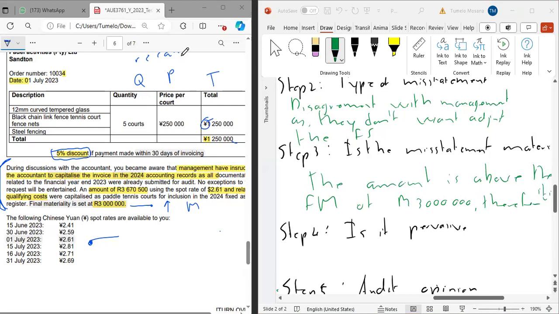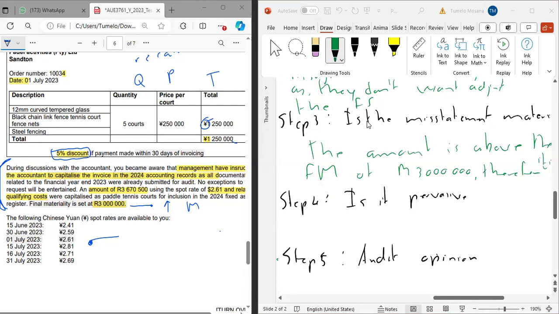This is not judgmental, because if you are not using any judgment, this is a factual misstatement. It's a good one to also add that it is a factual misstatement. So it is not pervasive as it relates to specific line items.